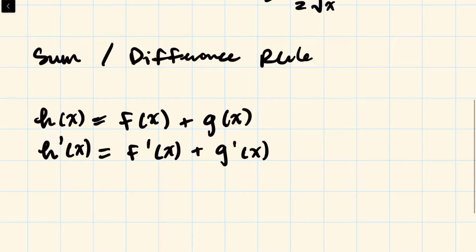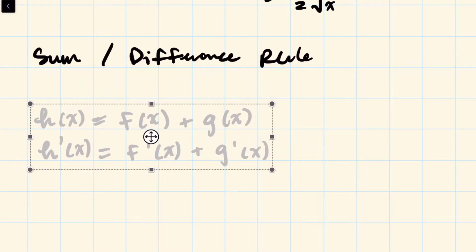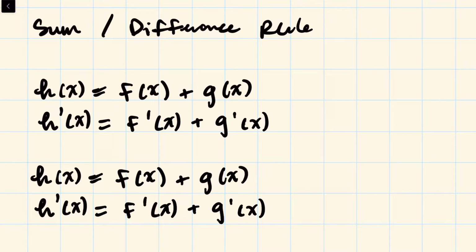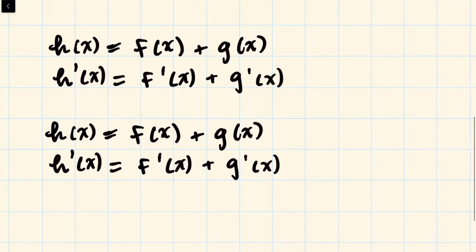And similarly for differences, it's just going to be a subtraction sign here. And you can have as many functions, f of x, g of x, d of x, as you want added together. This rule will still apply.